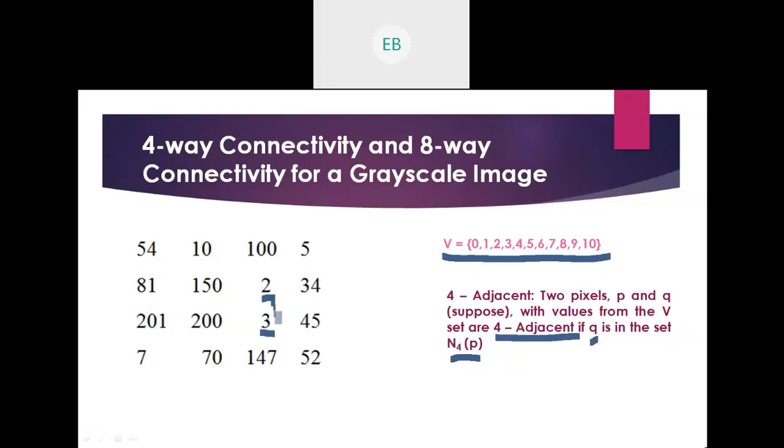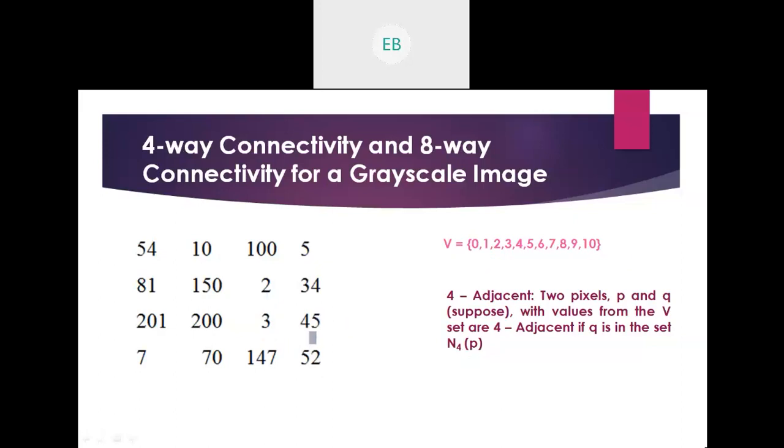N4(P) means the 4 neighbors of this pixel 2, since I am taking 2 as P and 3 as Q. So two pixels 2 and 3 with values from this V set are 4 adjacent if 3 is in N4(P), that is, vertically connected.